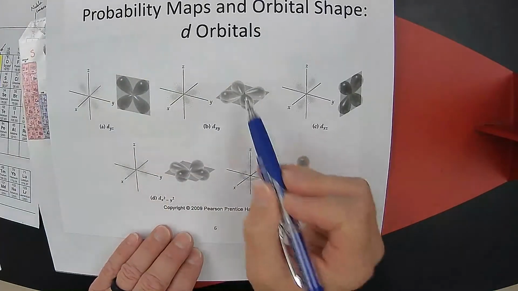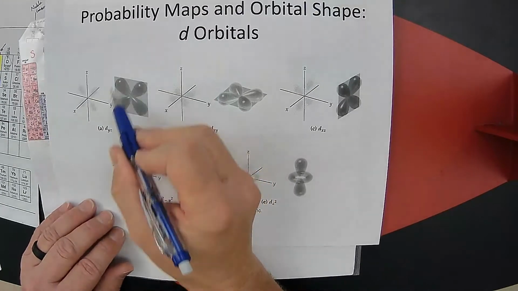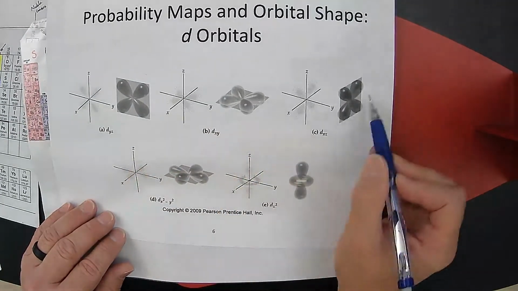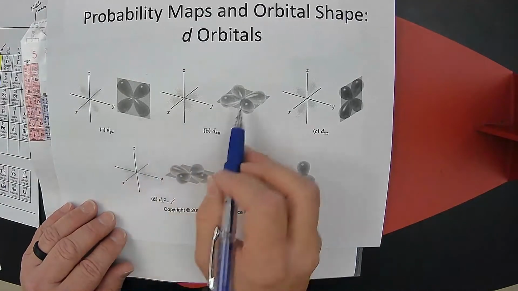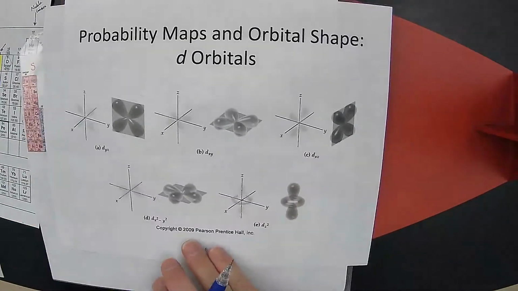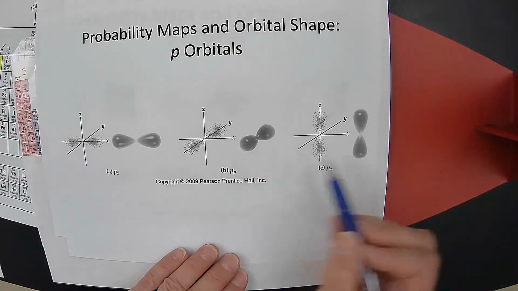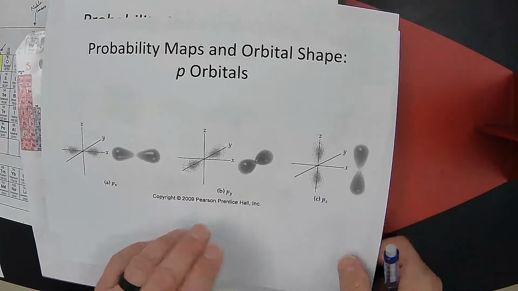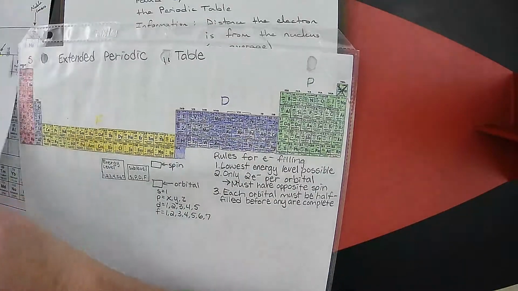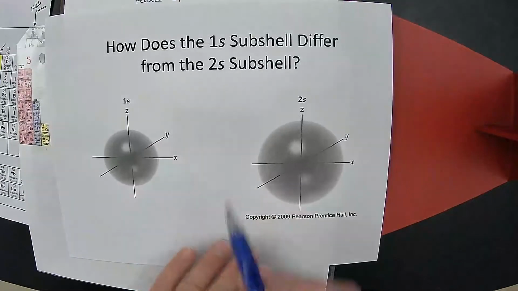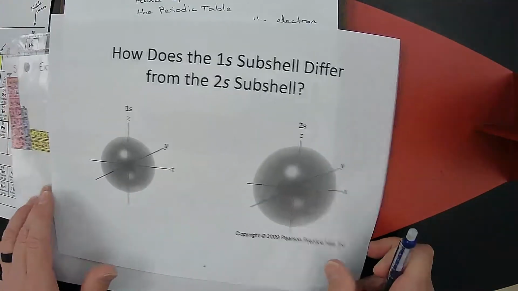So 2 electrons can fit into each one of those areas of space, just like the p's. Once the 2 electrons go in, it is full, and you cannot put any more electrons in. Same thing with the s. It can only fit 2.